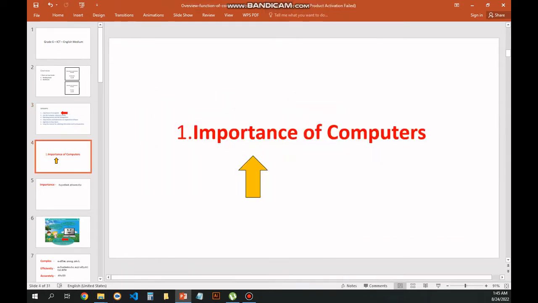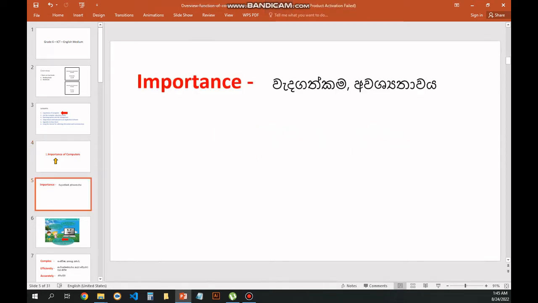As I told you, I think it's better we improve our vocabulary every time. Here you can see a word called importance. Our lesson is the importance of computers. If you're having some difficulty understanding the meaning of this word, here's the meaning in Sinhala: importance, or necessity.